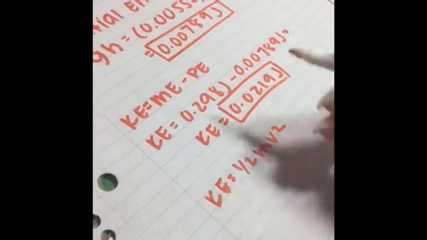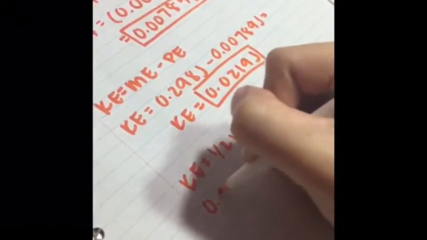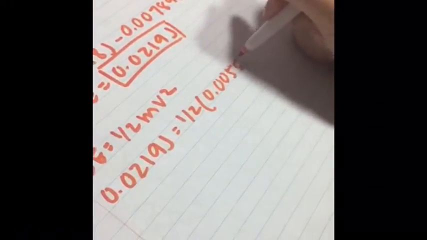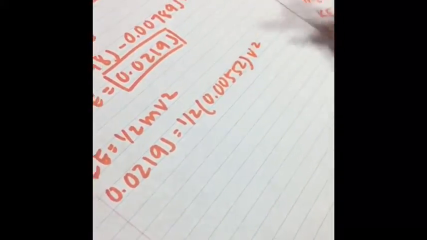To find the speed of the cart, we'll be using the kinetic energy equation. So kinetic energy is 0.0219 joules, which equals 1/2 of 0.00552 velocity squared.